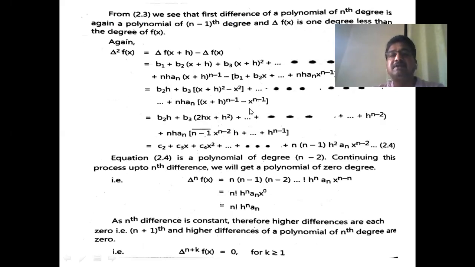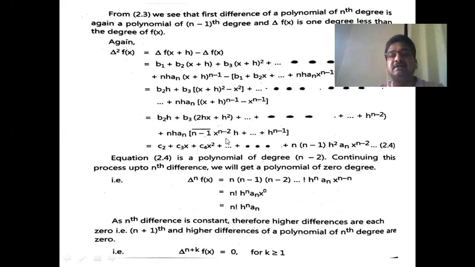Okay, after cancelling x raised to n minus 1, x raised to n minus 1, and again adding and subtracting the similar terms, that is constant terms, terms of x square, we have this c2 plus c3x plus c4x square. These are the notations for the coefficients of constant, coefficient of x square. Similarly, all remaining terms.